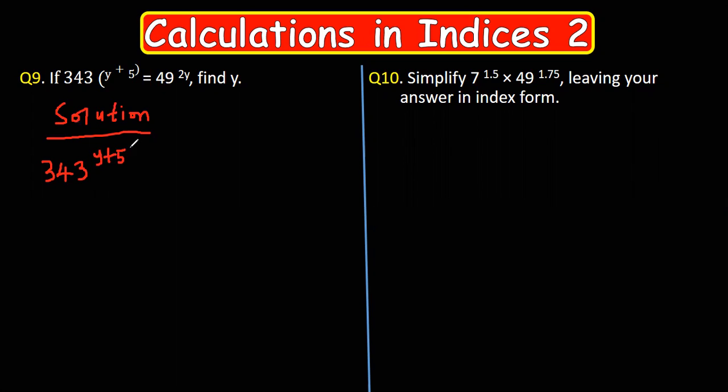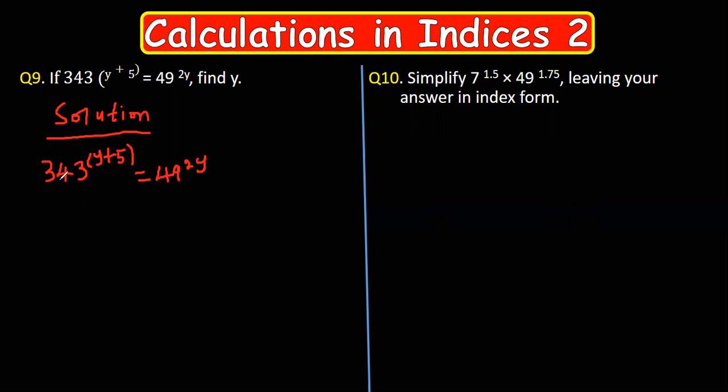So this is how it is. And then it is equal to 49 raised to what power? To the power of 2y. So let's express them in such a way that they're going to have a common base.